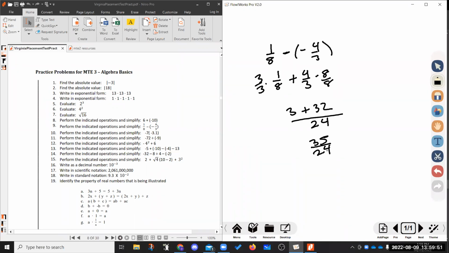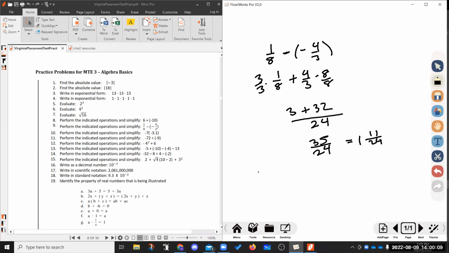Nothing in common. I can leave that as an improper fraction. If I want to change it to a mixed number, I can. That would be 1 and 11/24. No reason to change it to a mixed number, but we can if we want to.